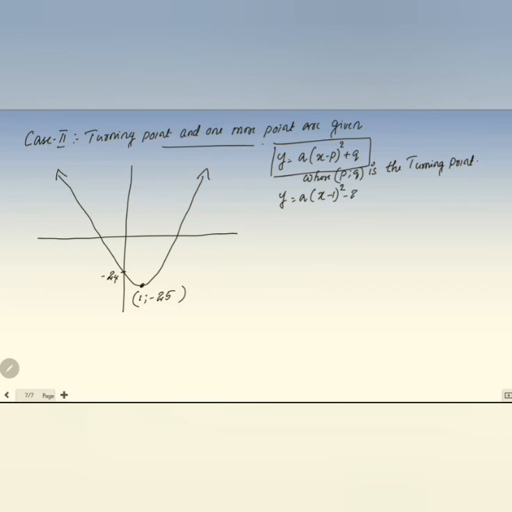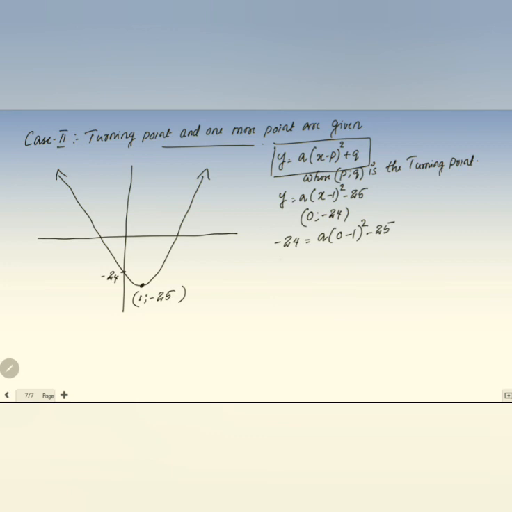So -25. Do you see that? Now I have to look for a, because a is the only unknown there, isn't it? For that I am using the y-intercept, that is (0, -24). Let me substitute in the equation: y becomes -24 is equal to a, inside x becomes 0 minus 1 all square, minus 25.